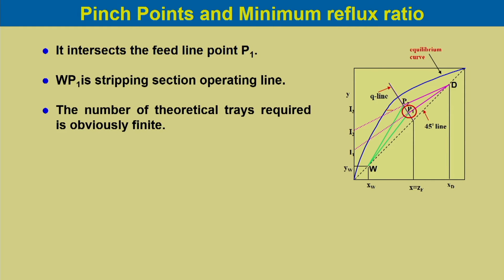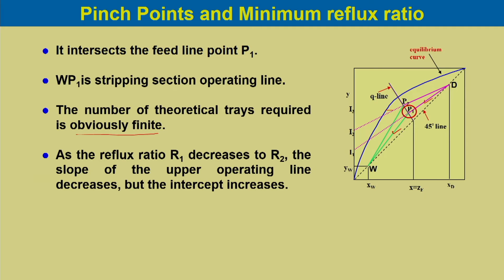Now, the number of theoretical trays required is obviously finite, because there is a gap between the equilibrium curve and these two operating lines, both in the stripping section and the rectifying section. So, that is WP1 and DP1, which intersect at point P1. So, we can just step off from these two end points and get the number of stages required, because there is a gap between these two operating lines and the equilibrium line. We will get a finite number of theoretical plates.